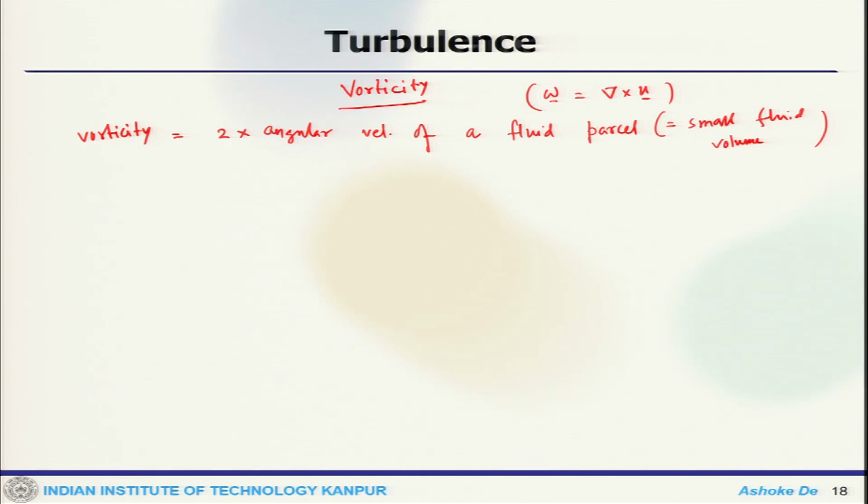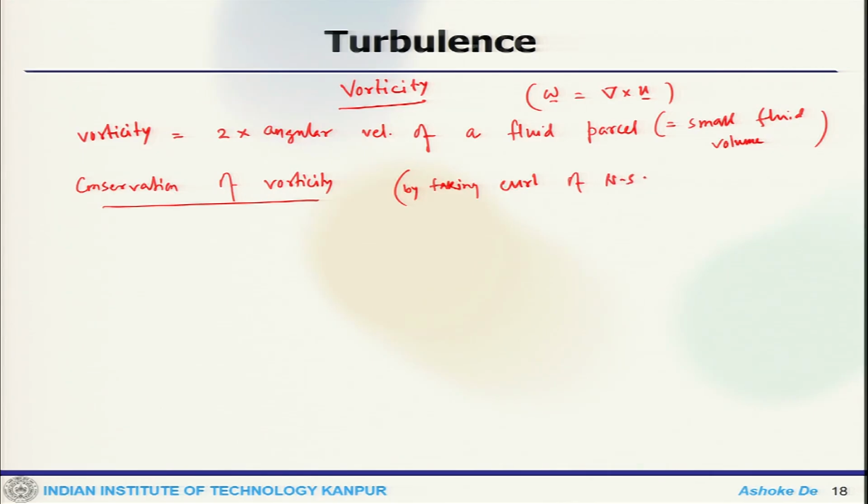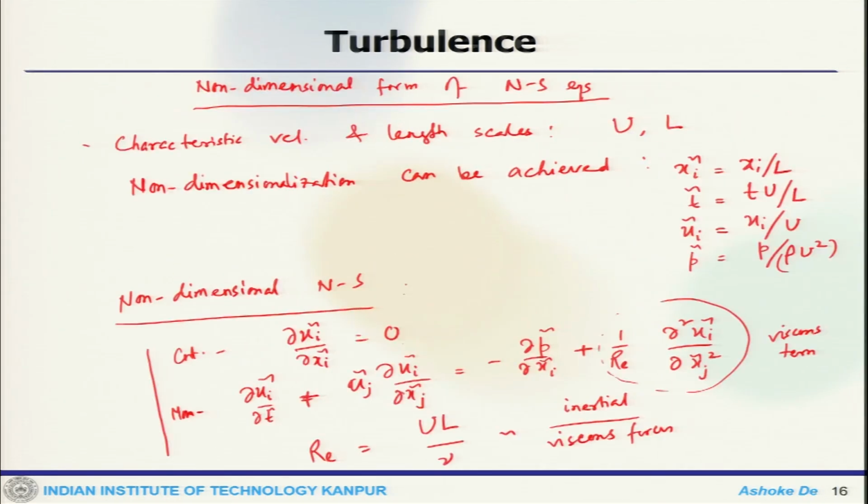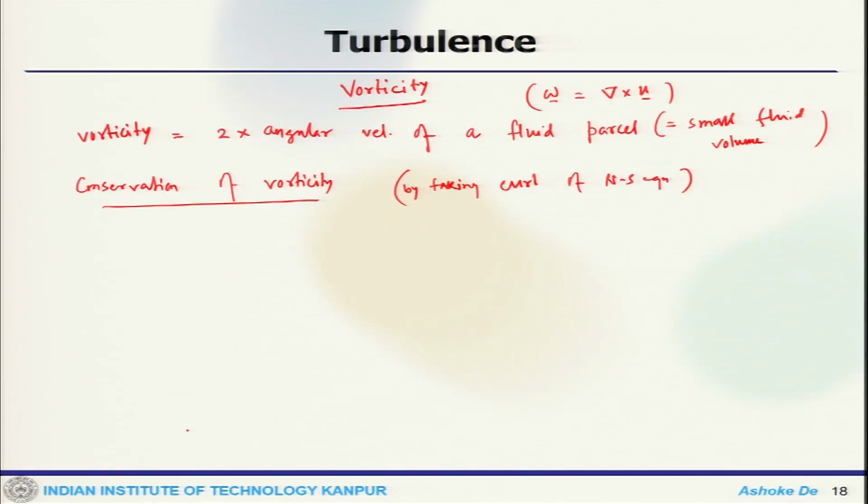So, we can derive the conservation of vorticity. How do you get that? By taking the curl of the NS equation. We have this NS equation either in non-dimensional form or in dimensional form.